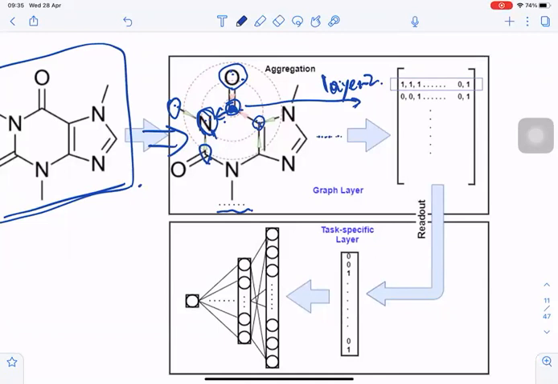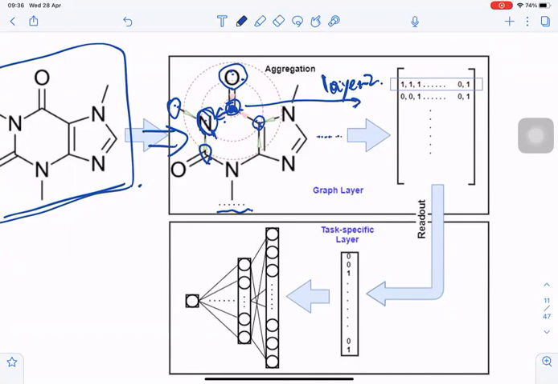It depends on the specific graph networks. For example, the graph network we used, called GC neural fingerprint, implicitly defines a readout-like operation already in the graph layer.